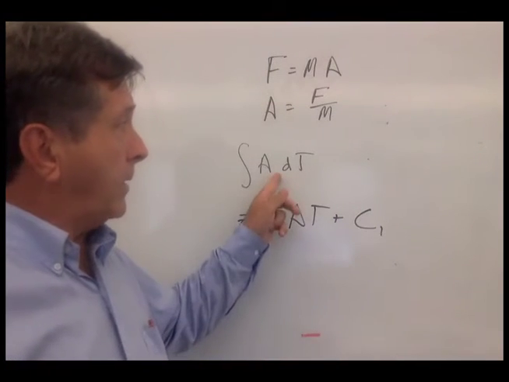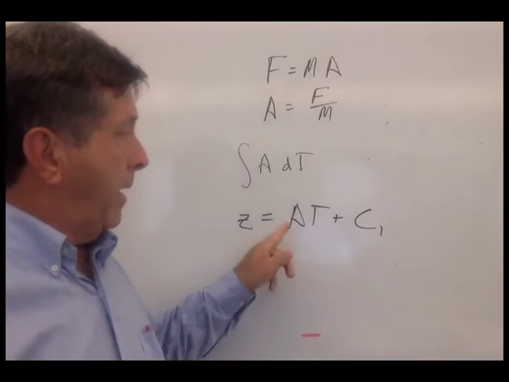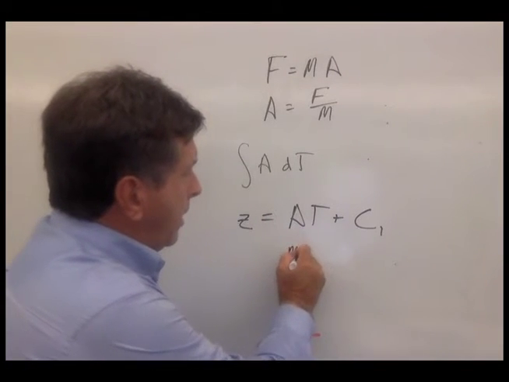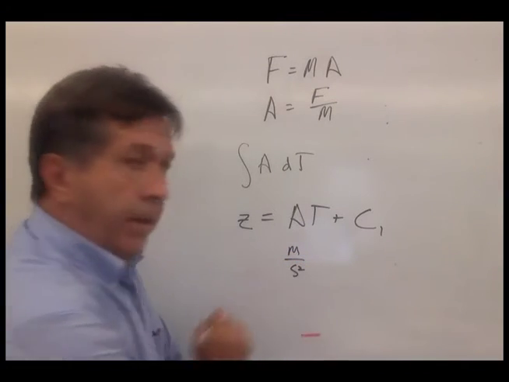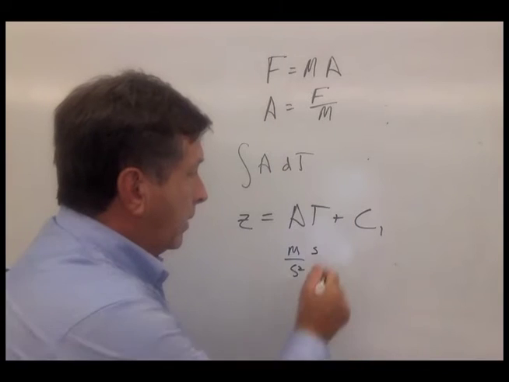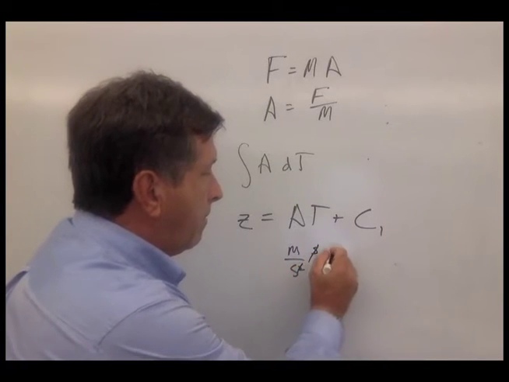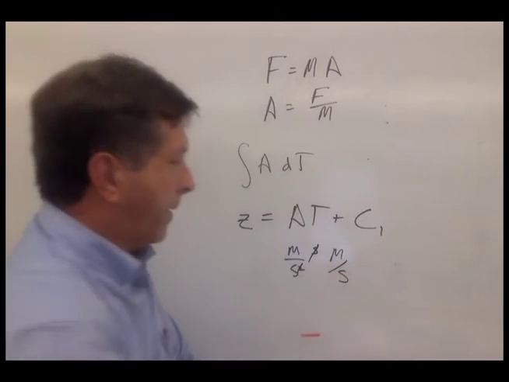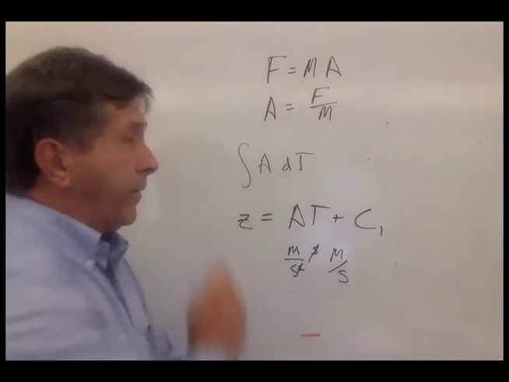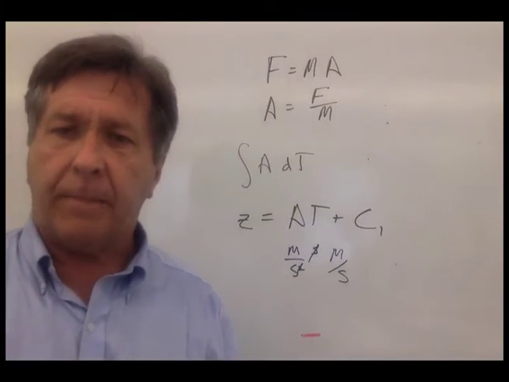This was my constant acceleration, a. The units of this new thing are going to be meters per second squared times seconds. So they're going to be meters per second. Thus, the integral of acceleration is velocity.